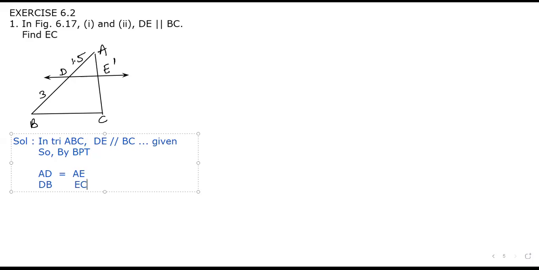Now put the values. 1.5 upon 3 is equal to 1 upon EC. Cross multiply, get the answer. EC is equal to 1 into 3 divided by 1.5. Ultimately, our EC comes out to be 2, because 1.5 times 2 is 3. Yes or no? Yes, sir.